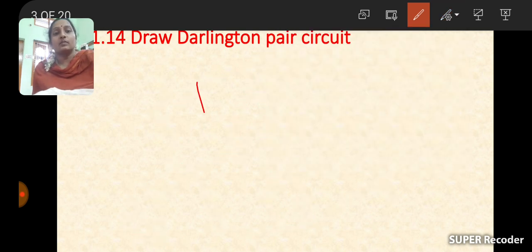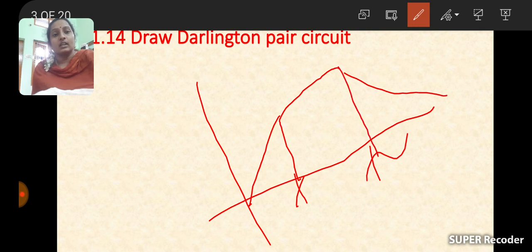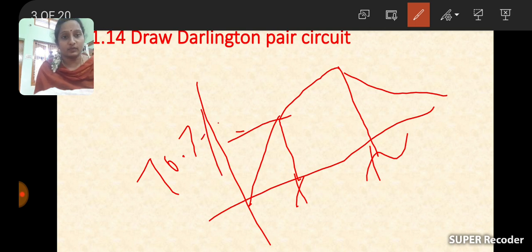Coming to the frequency response of the amplifier, it provides a constant gain over a range of frequencies where the gain attains 70.7% of its maximum value.